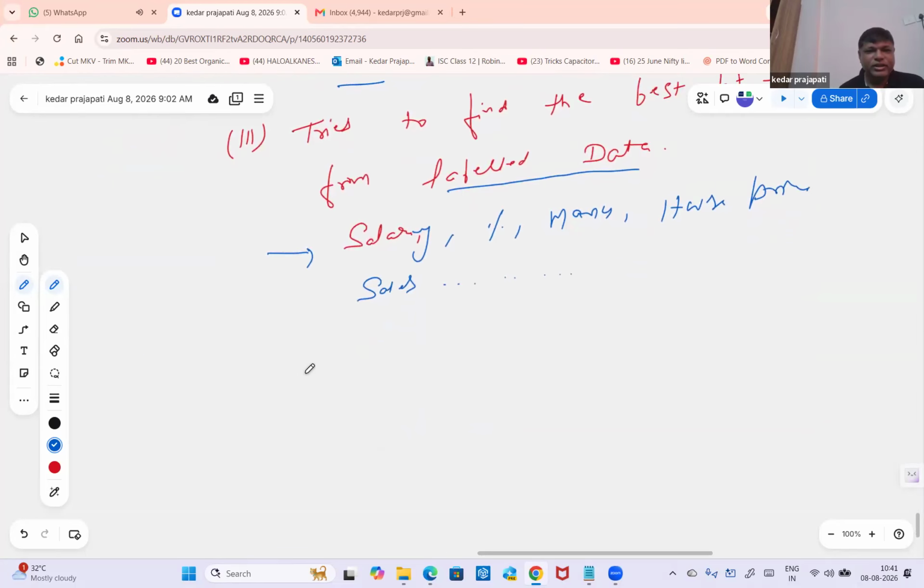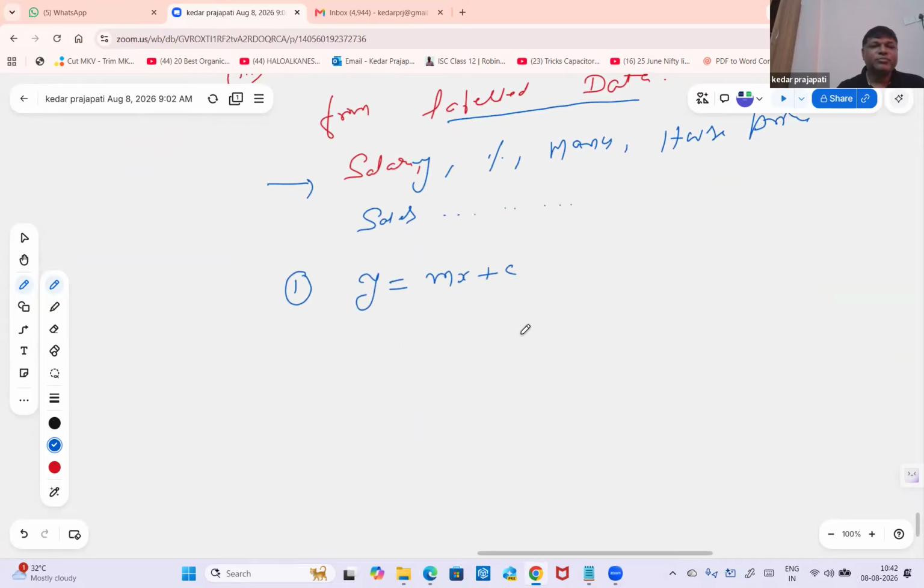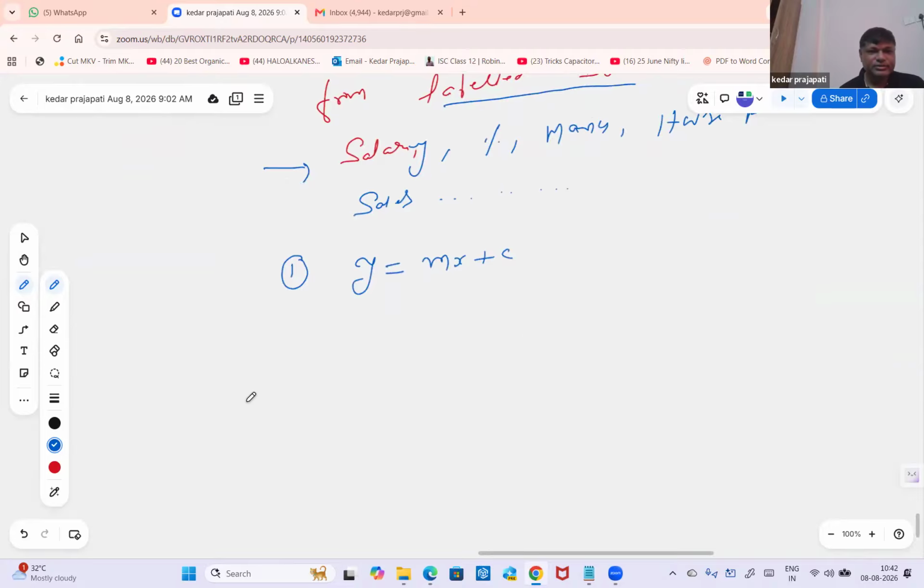And this model's formula, for one variable, is y equal to mx plus c. But suppose there are more variables, what will happen? Those things we'll learn in logistic regression. Using this only, it will draw the best fit line.